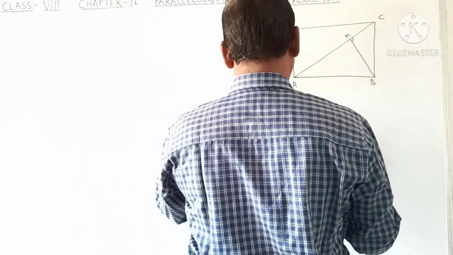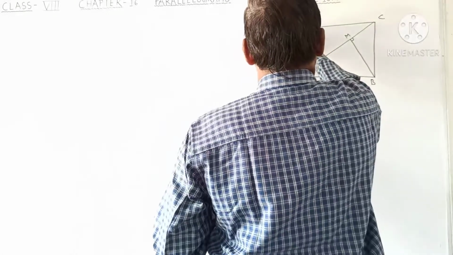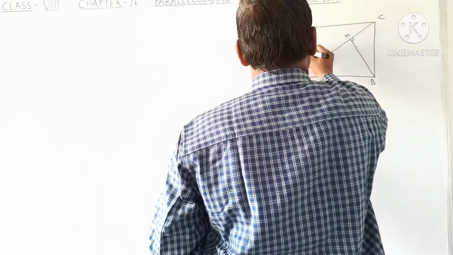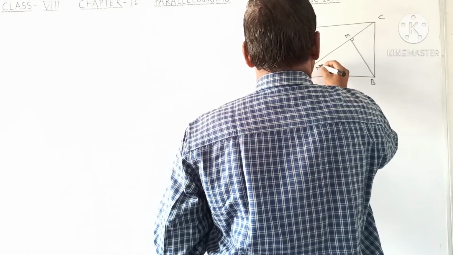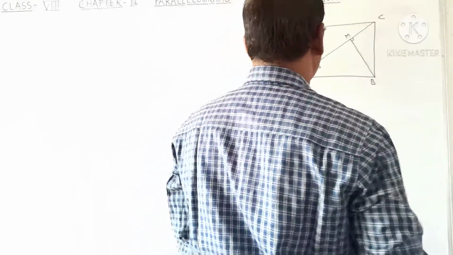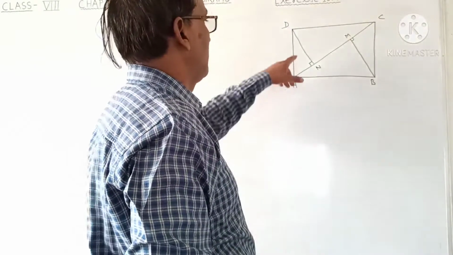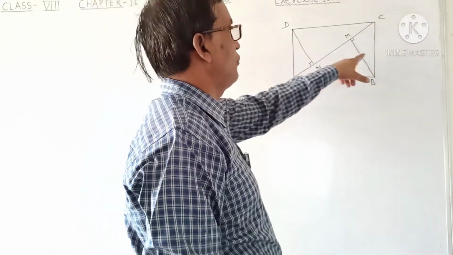BM and DN. Then we have to prove that triangle DNA is congruent to triangle BMC.